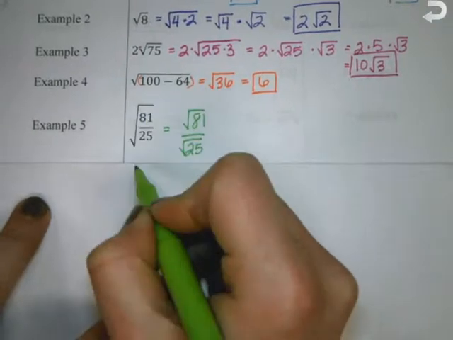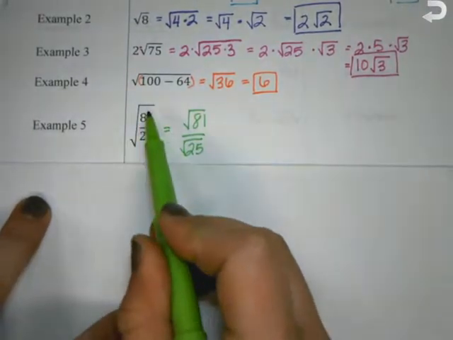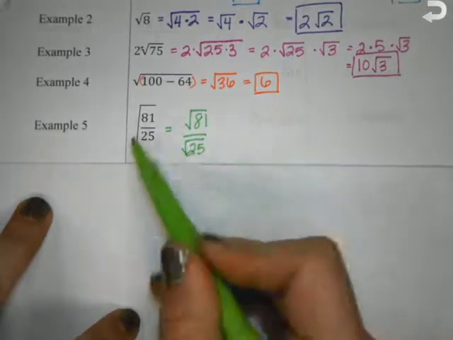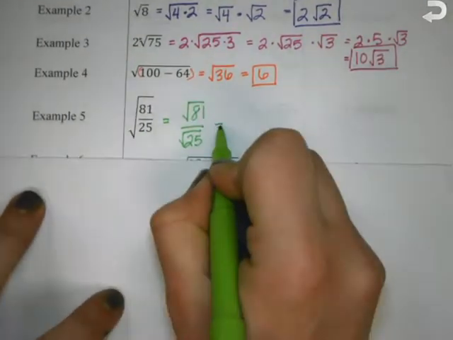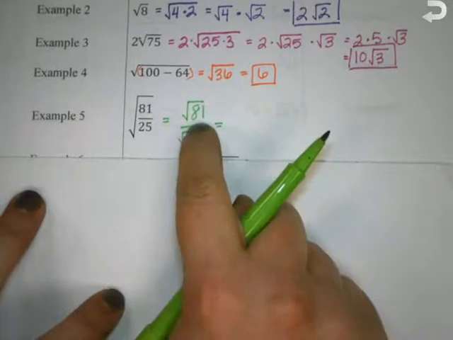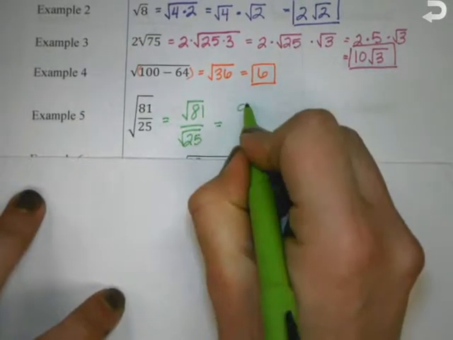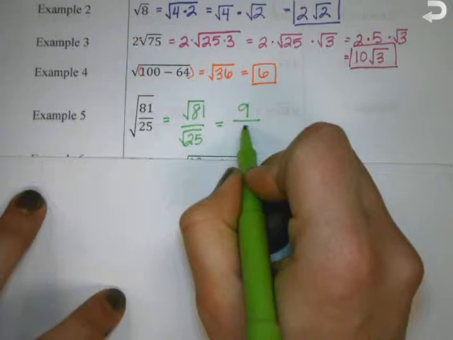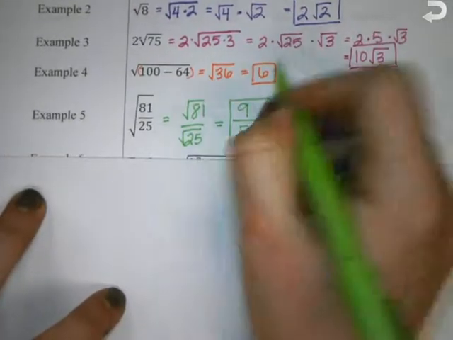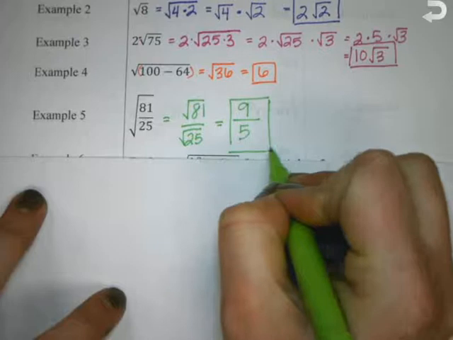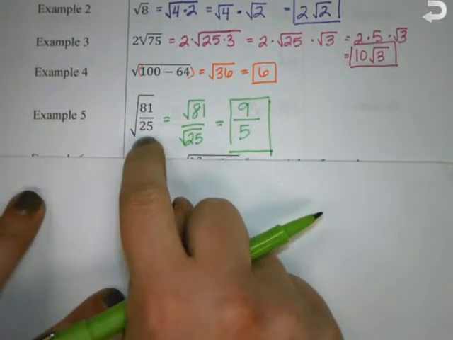Okay, so this is equal to, what's the square root of 81? 9. Over, what's the square root of 25? 5. Can't I simplify that anymore? No. So that's your answer. Oh, that's easy. So if you ever see a fraction inside the square root, split it up and take the square root of each one. Okay? Okay with that one?